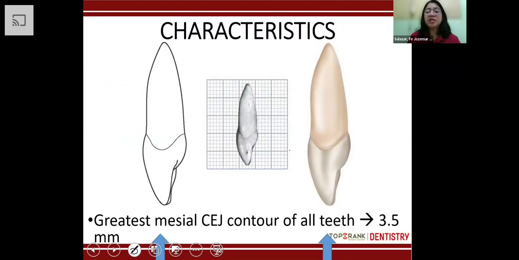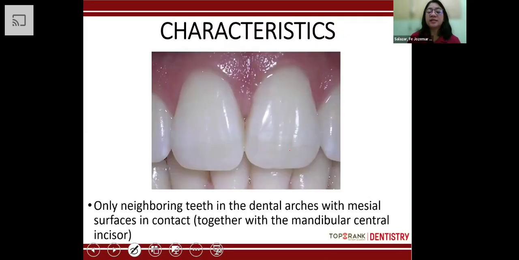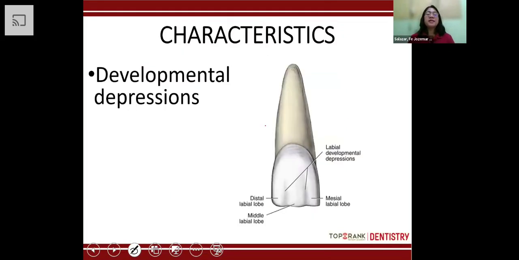Greatest mesial CEJ curvature of all among all your teeth at 3.5 millimeters. Okay. Greatest axial inclination. Remember, all anteriors are axially inclined, but the greatest inclination is seen on the maxillary central incisor. Only neighboring teeth, okay, with mesial to mesial surface contact, together with your mandibular central incisor.